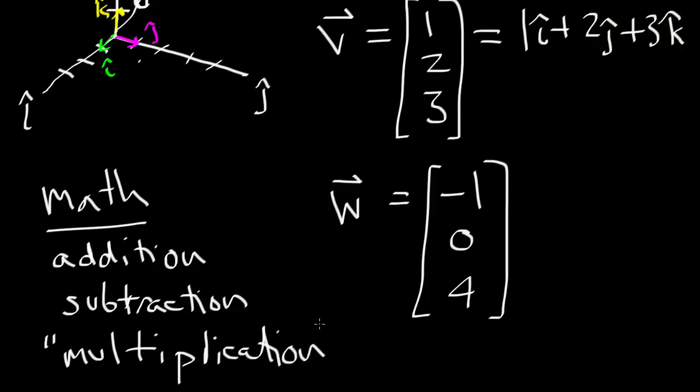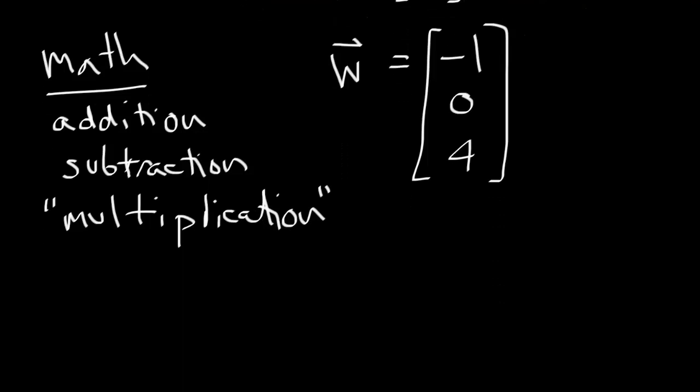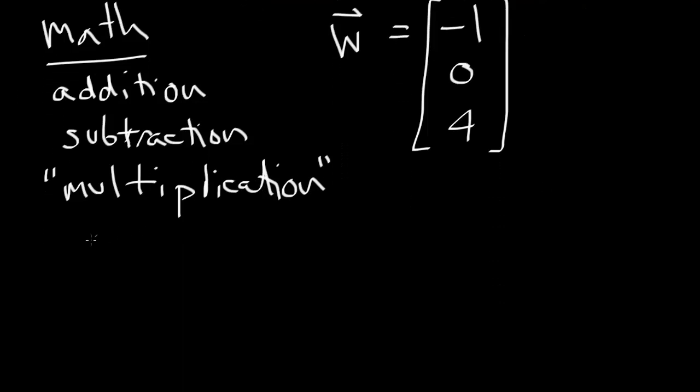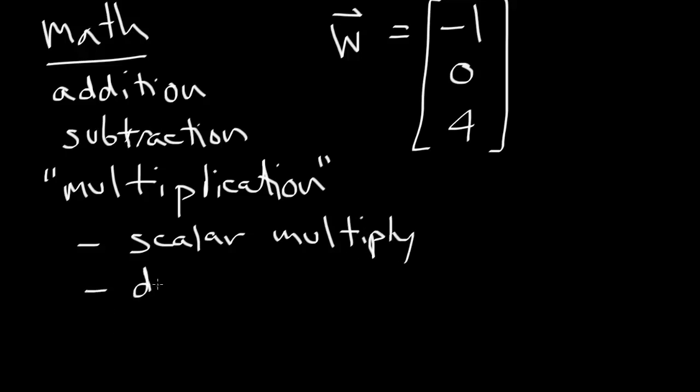Multiplication. And I put the quotes around it because we actually have 3 different types of multiplication that we do with vectors. One is a scalar multiply. One is a dot product. And one is a cross product.